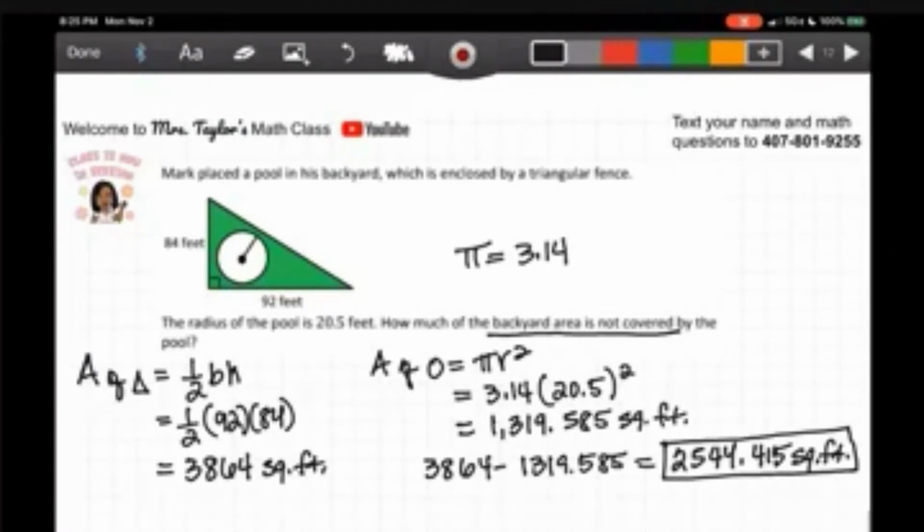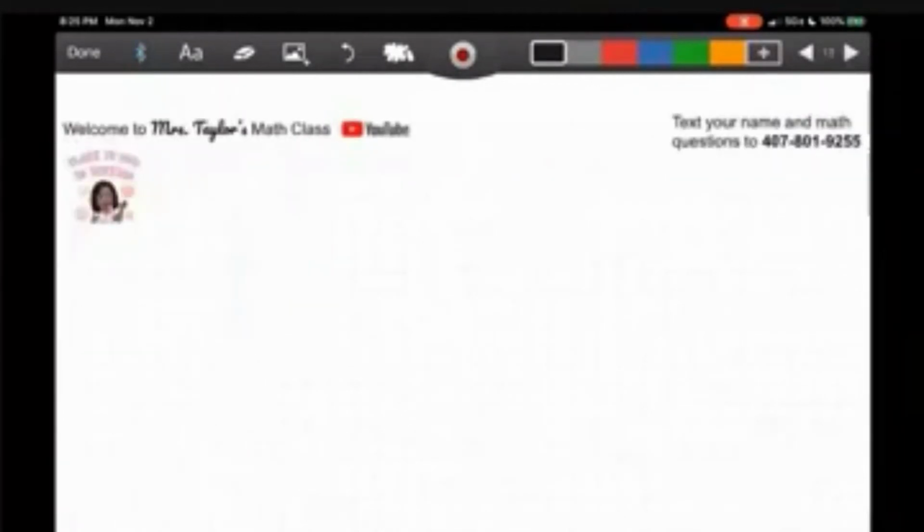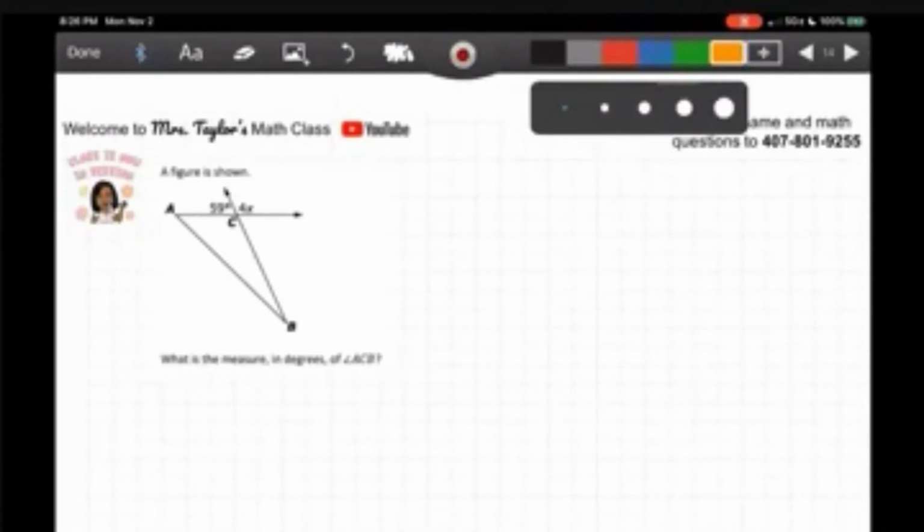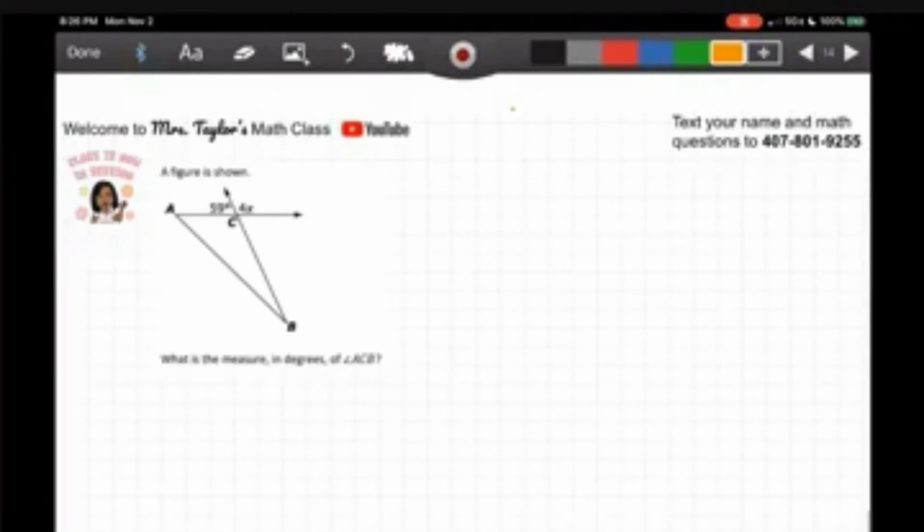Okay, let's keep going. For this question here, it says the figure is shown. What is the measure in degrees of angle ACB? So angle ACB is, let's change colors. So angle ACB is this angle right here inside of our triangle.